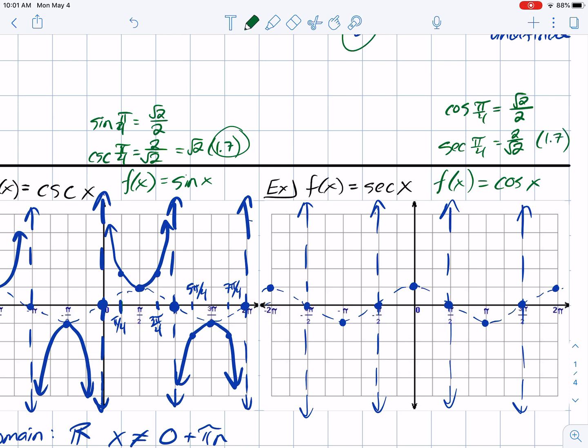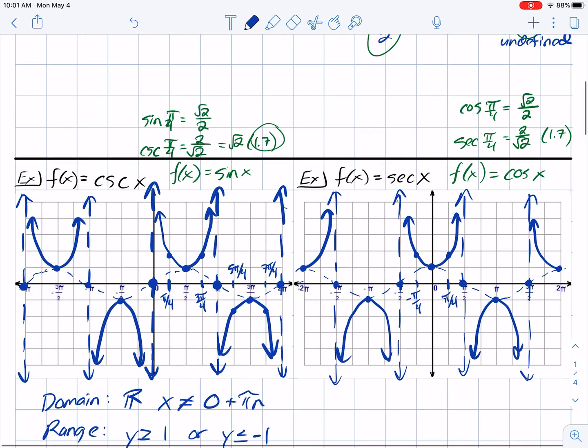So if I go to pi over 4, and negative pi over 4, because we are in quadrants 1 and 4, they're both going to be positive 1.7. You see the same kind of shape of your graph, this parabola shape. And I really don't need you guys to plot more points than just the reciprocal graph, and know that it's this U shape. It approaches your asymptotes kind of as such here.